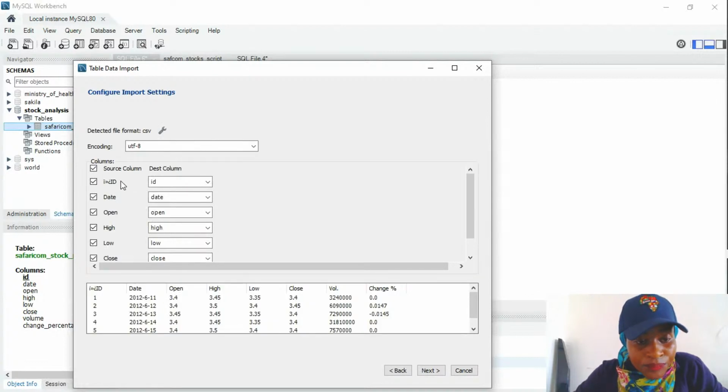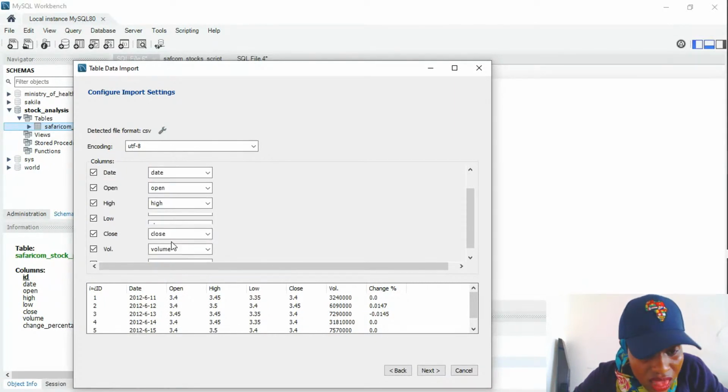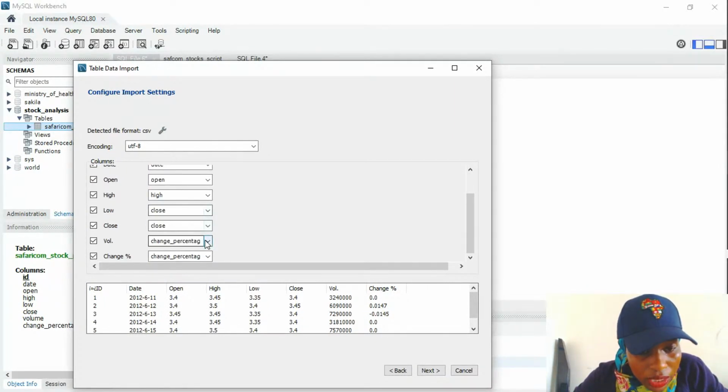The next thing you're supposed to do here is match your table columns to the columns from the data set. Our ID corresponds to the ID here, the date corresponds to the date, open corresponds, high corresponds. So I think everything in our table corresponds except this one up, so I'll just rectify it.